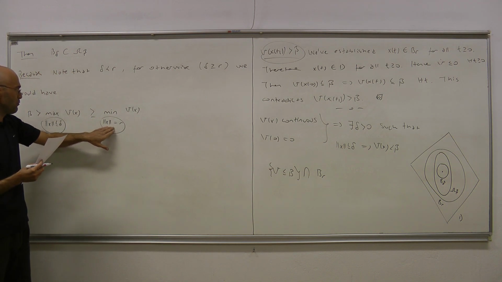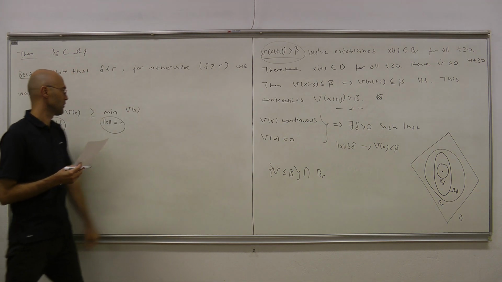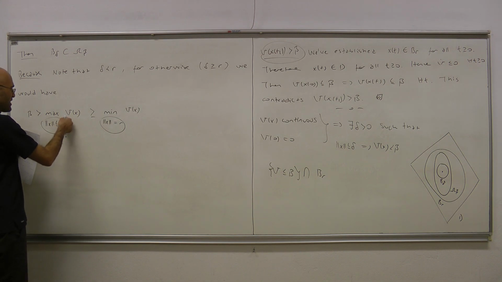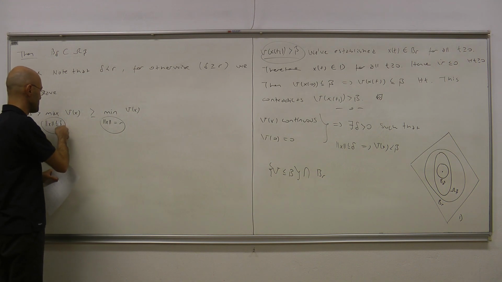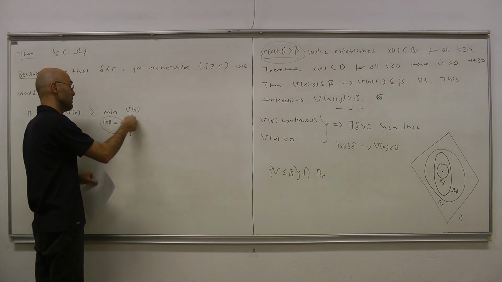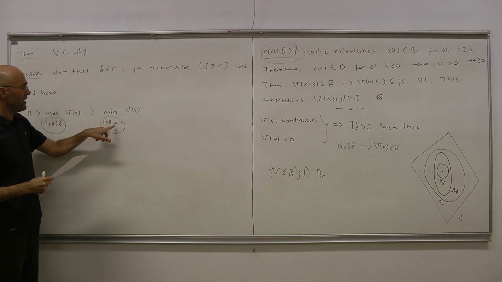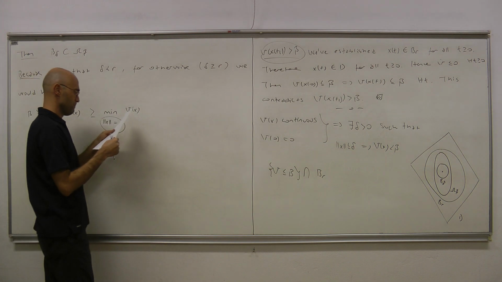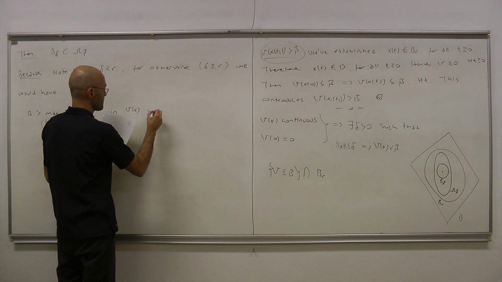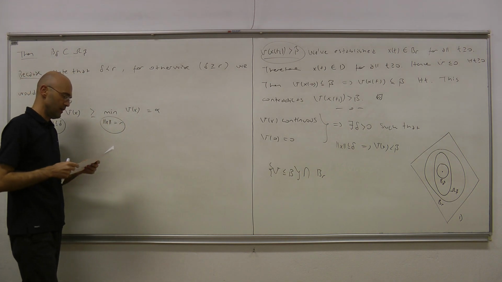So the set of points defined by this is contained in the set of points defined by this, if this were true. And then the maximum value attained by V in some set clearly is larger than the minimum value of V attained in some subset of this set here. By definition, this minimization we computed to equal alpha. And that would mean beta is greater than alpha.